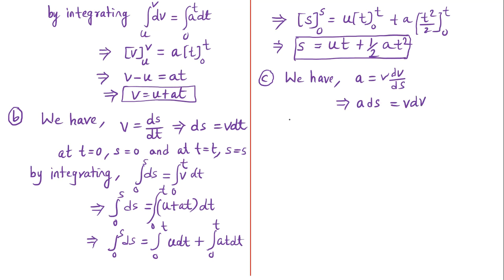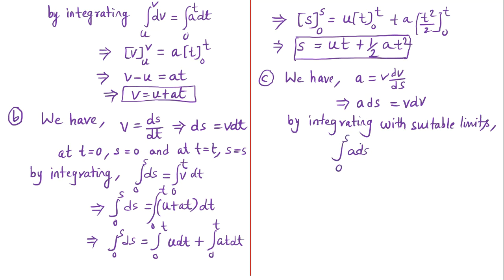By integrating with suitable limits. What are suitable limits? Integration of a ds, where displacement changes from 0 to s, equals integration of v dv, where velocity changes from u to v.